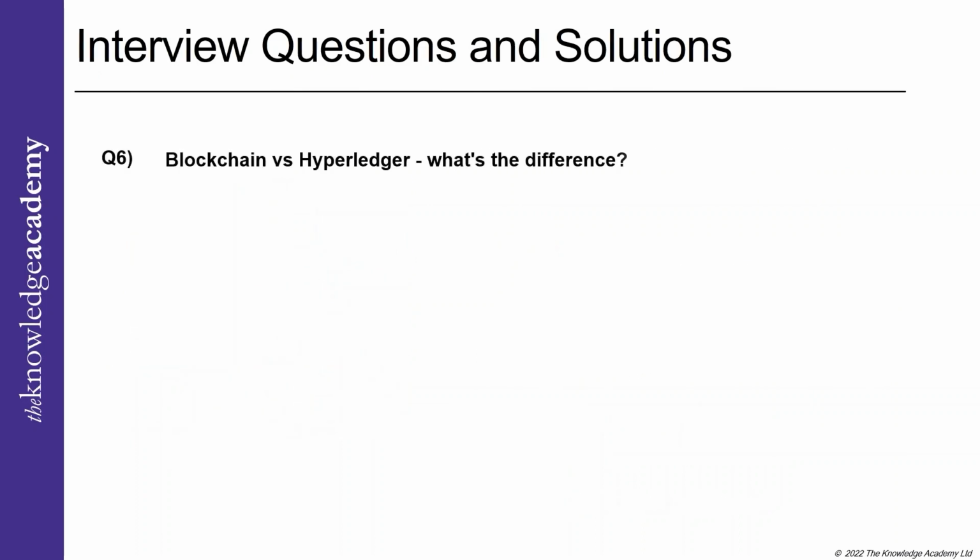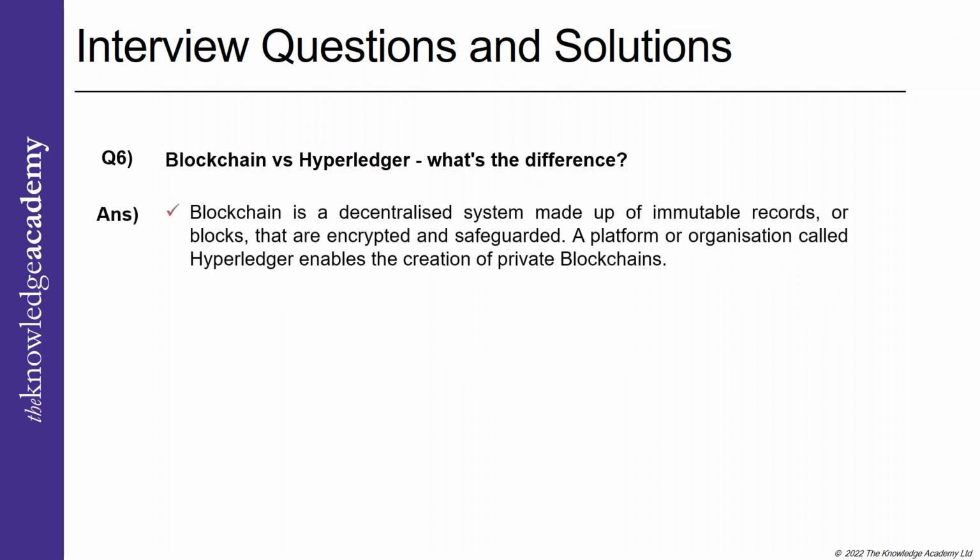Question 6. Blockchain versus Hyperledger. What's the difference? Answer. Blockchain is a decentralized system made up of immutable records or blocks that are encrypted and safeguarded. A platform or organization called a Hyperledger enables the creation of private blockchains.